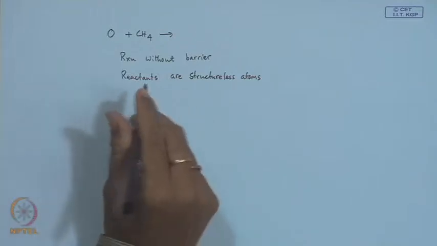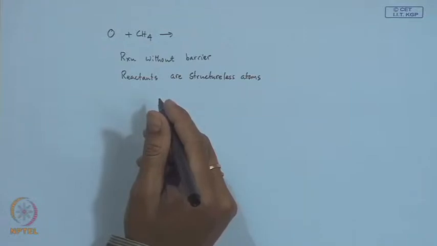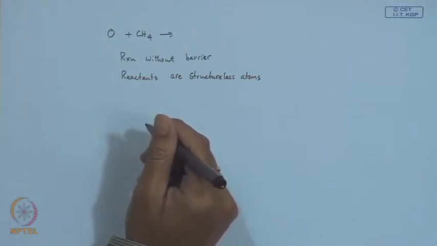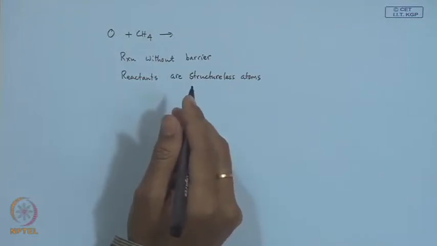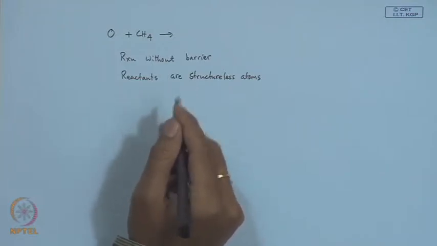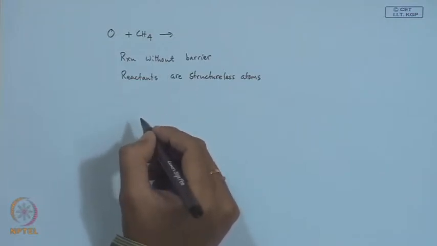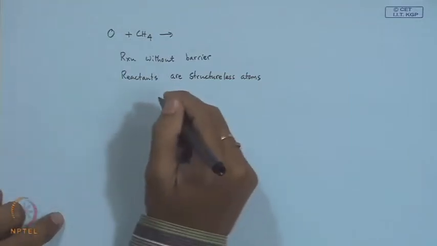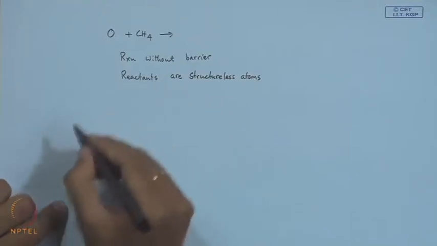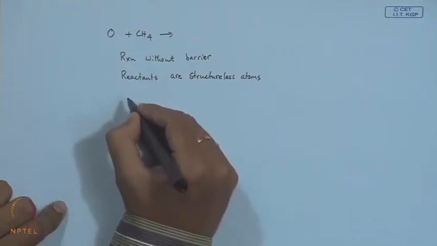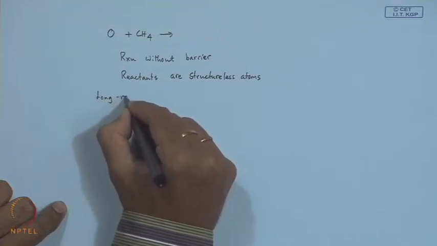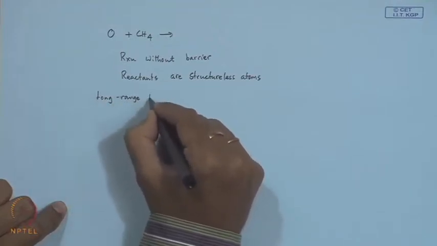So, what is happening in that case? If it is an ion molecule reaction, what is the interaction that is happening? It is a long range potential.